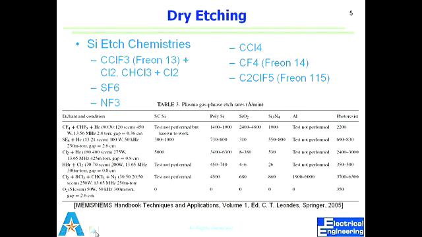Suppose I have silicon dioxide on single crystalline silicon. This is single crystalline silicon. This is polysilicon, silicon nitride, oxide. Suppose I have silicon dioxide as a mask material over single crystalline silicon. What recipe would I want to use?